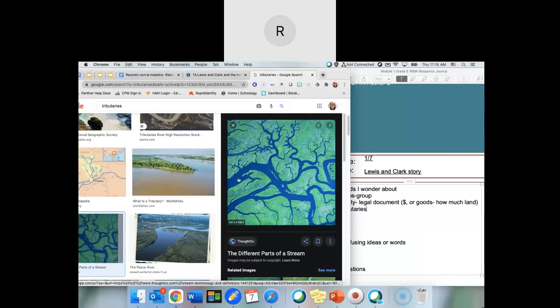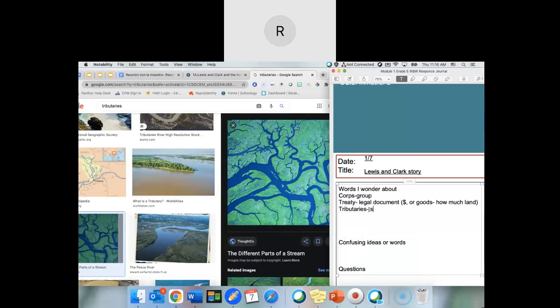Tributaries are actually small bodies of water. If you think of a big river like the Mississippi River and it branches out, so if you look here, this isn't actually the Minnesota River or the Mississippi River, but say this is the main river.